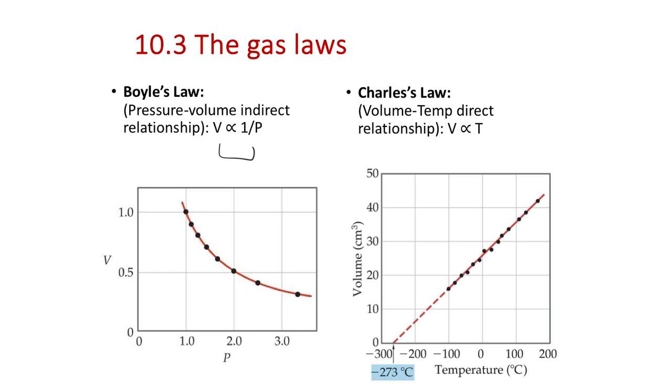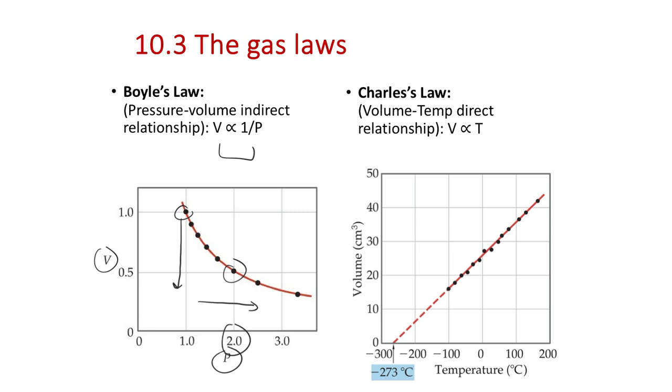And so if you take your volume on your y-axis and you're changing the volume, so here we're going to cut the volume in half and decrease the volume. And then what we're going to do is increase the pressure as a result. So if we go from a volume of our container of 1 liter, we cut it down to half a liter, that pressure is going to increase as a result.